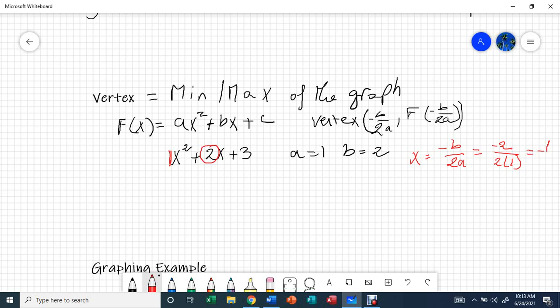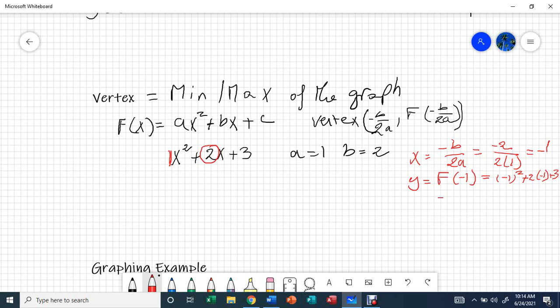Now to find the y coordinate for the vertex, plug negative 1 into f. So it's going to be f of negative 1, which is negative 1 squared plus 2 times negative 1 plus 3.